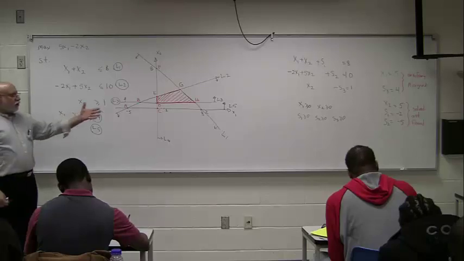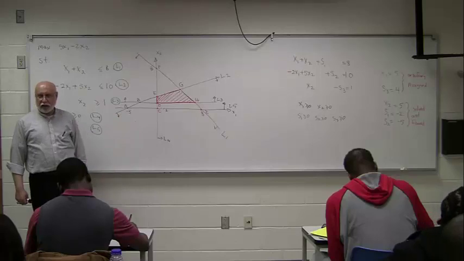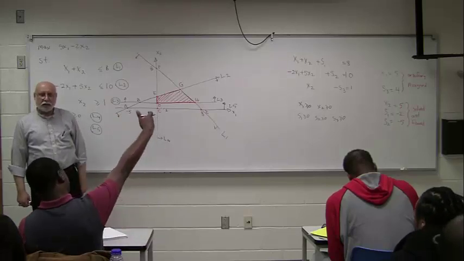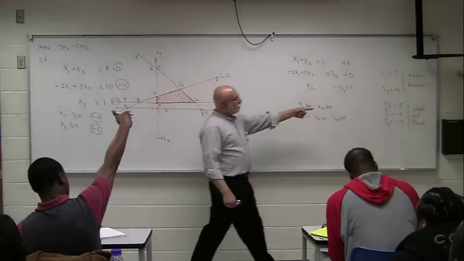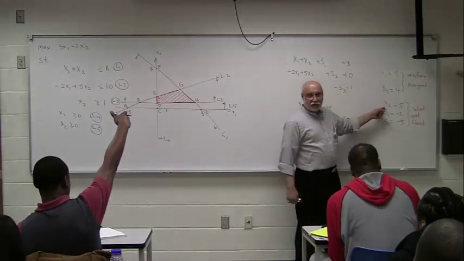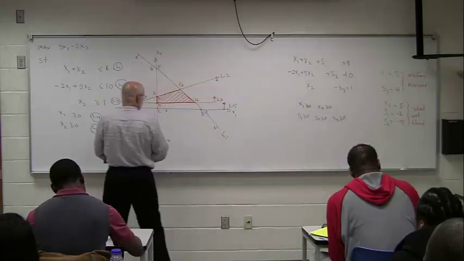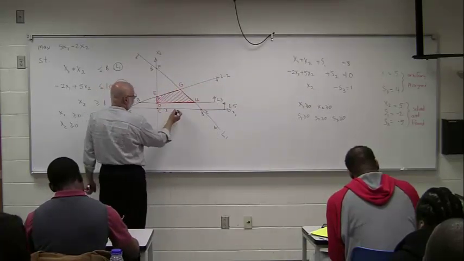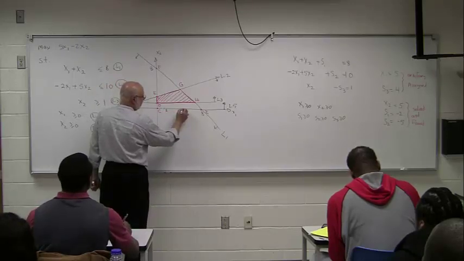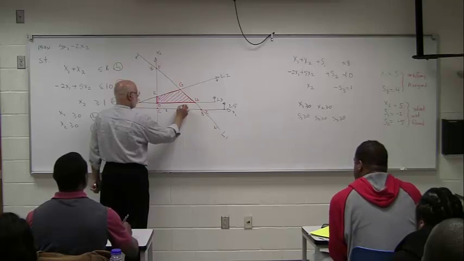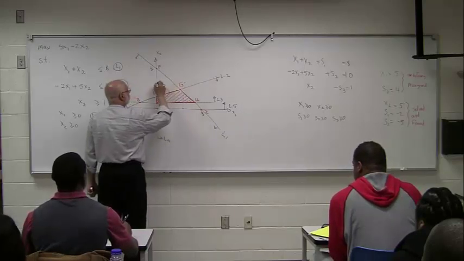Now, with those arbitrary numbers, where is that point actually on this graph? X1, X2: 5 and 5. So it is a point somewhere around, let's say, here.